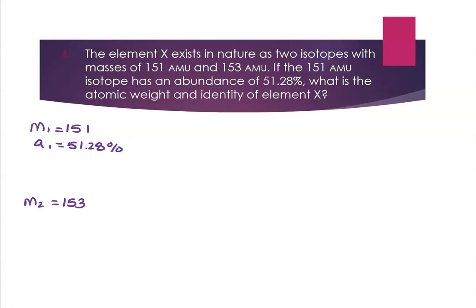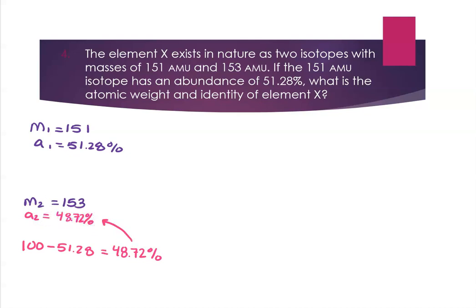But what we do know here is that abundance always has to equal 100%. So if I take 100 minus 51.28, I get 48.72%, and that's going to be the abundance for the second isotope here, 48.72%.